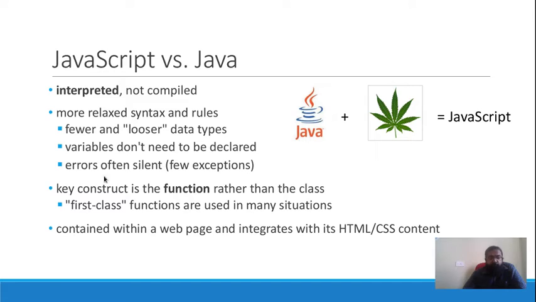There are errors. Errors are often silent, and it won't be shown to you. And the way the data is handled in JavaScript makes it more dangerous at some point in time. Okay, so unless you do the programming properly, and you are absolutely sure about what you are doing, JavaScript could actually make your life very difficult.